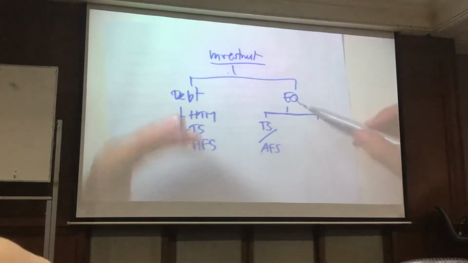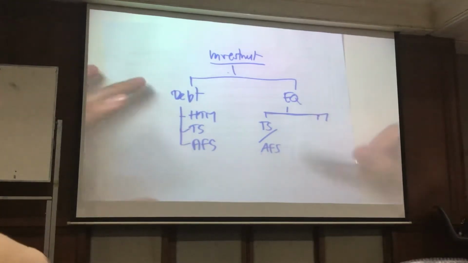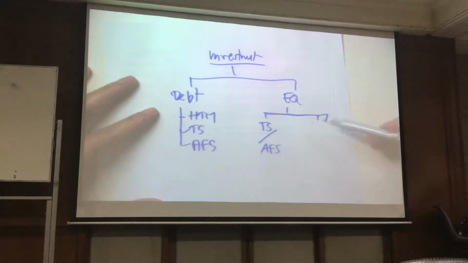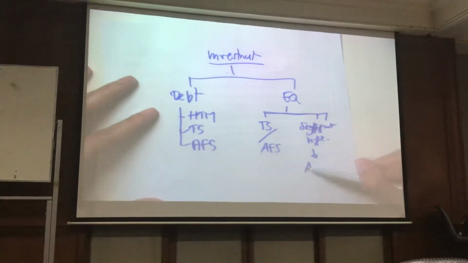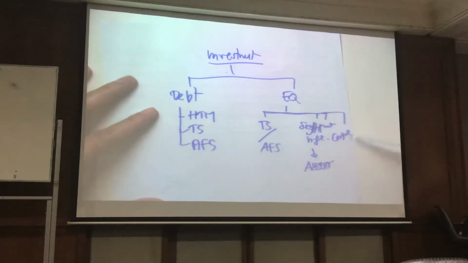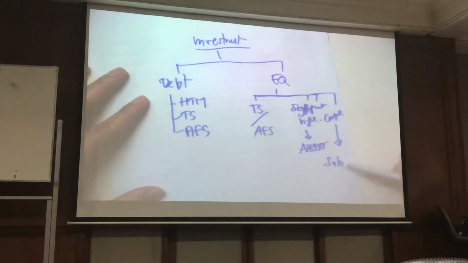But if you increase your degree of ownership, go up until you got significant influence, you have associate company. But if you increase the ownership until you got the control, you got subsidiary company.